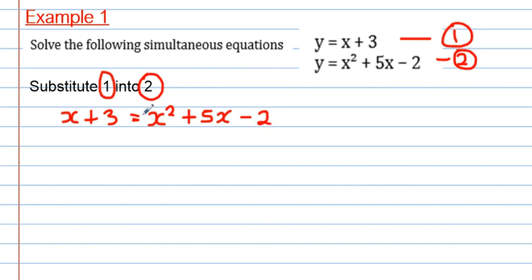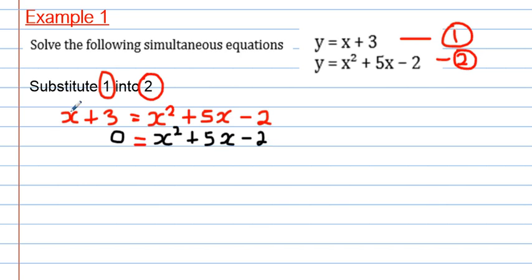Now we're going to tidy up. We move everything from this side to that side, so that everything will be equal to 0. Let's use another color. Okay, so we have x squared plus 5x minus 2 on this side already.